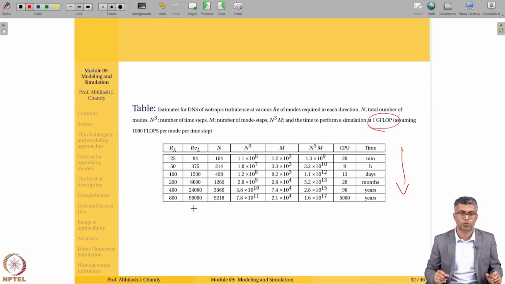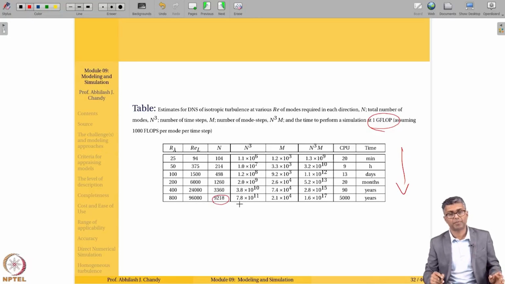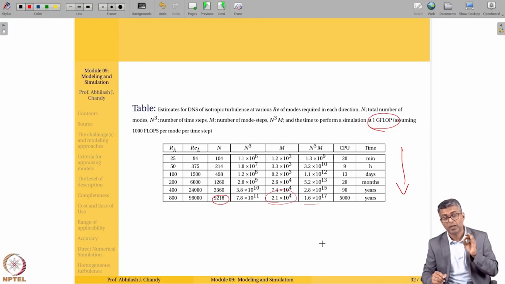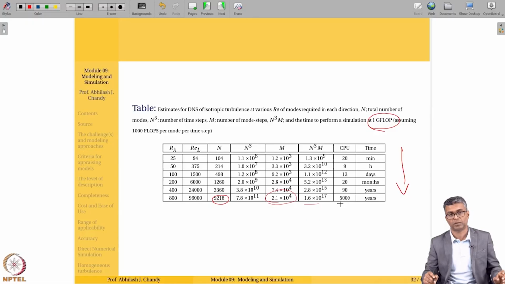The total number of grid points in each direction is 9218. The n cube is 7.8 times 10 to the 1. The total number of time steps is 21,000. N cube m is this value here. So in CPU time for a single gigaflop machine, it is 5,000 years.